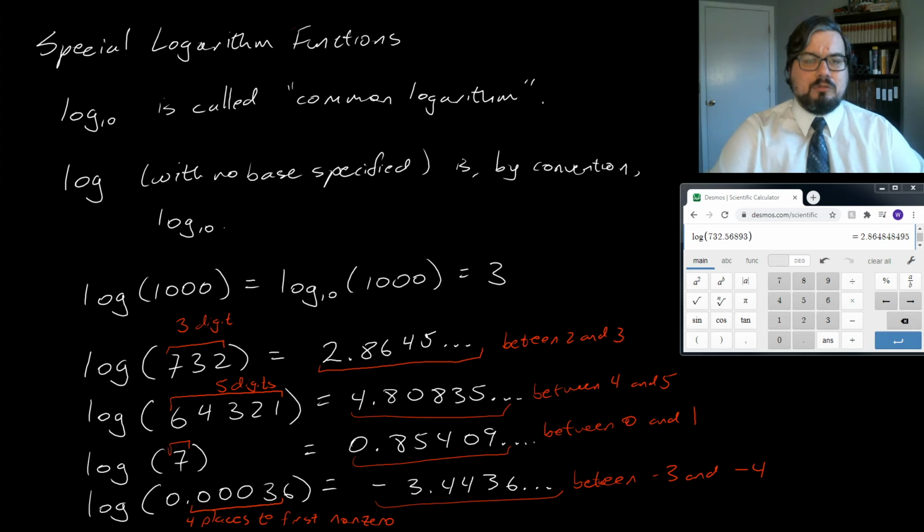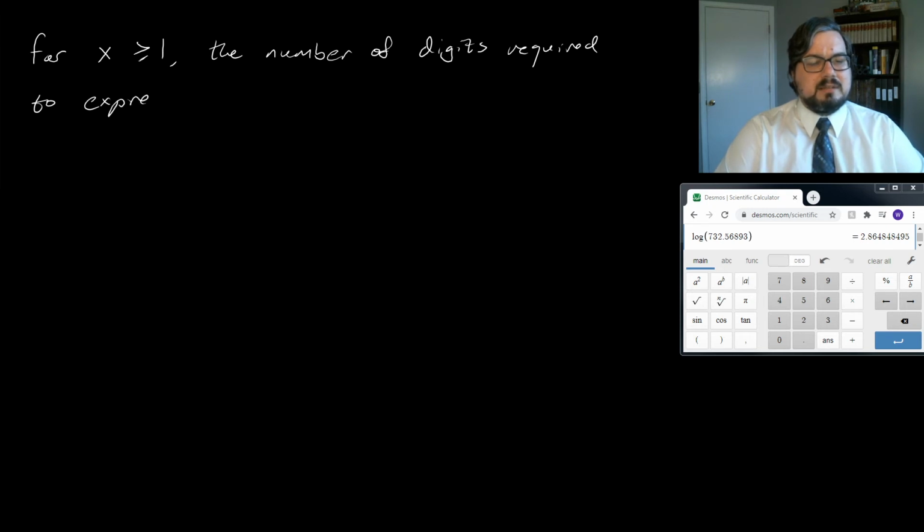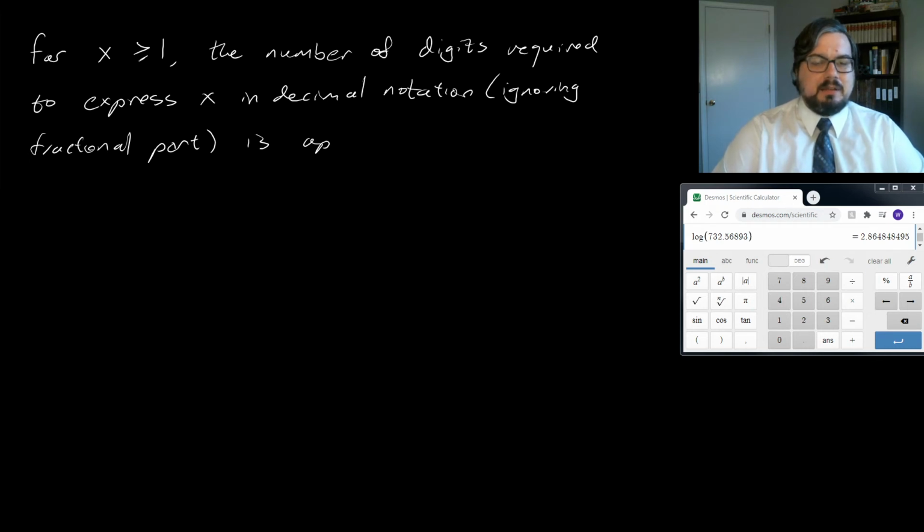Let me just handle it for numbers that are greater than 1. So for x greater than or equal to 1, the number of digits required to express x in decimal notation, ignoring the fractional part, is approximately the roundup of the common logarithm of x.